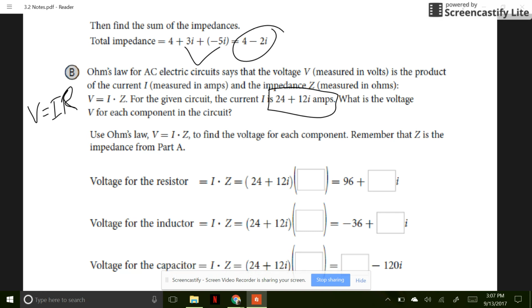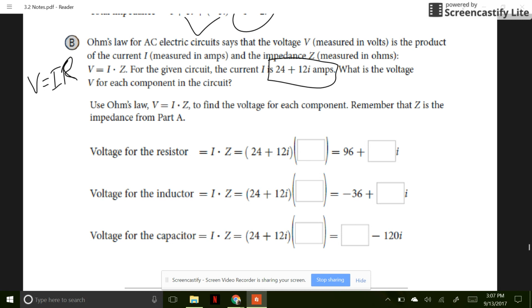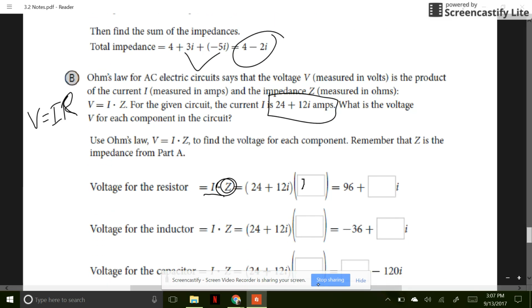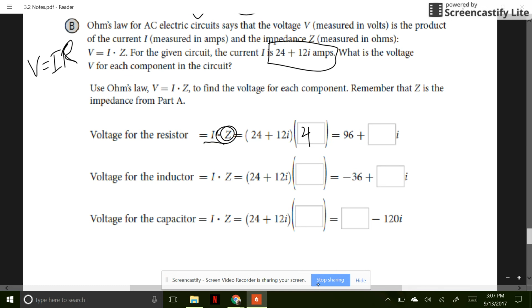So if we want to find the voltage for each component, that's our V we're looking for. We take our I, which is the same for each of the components, multiply by the impedance of each piece there. So we said for the resistor, it should be 4. So if we multiply 4 times 24 is 96, and then 4 times 12 is 48i.